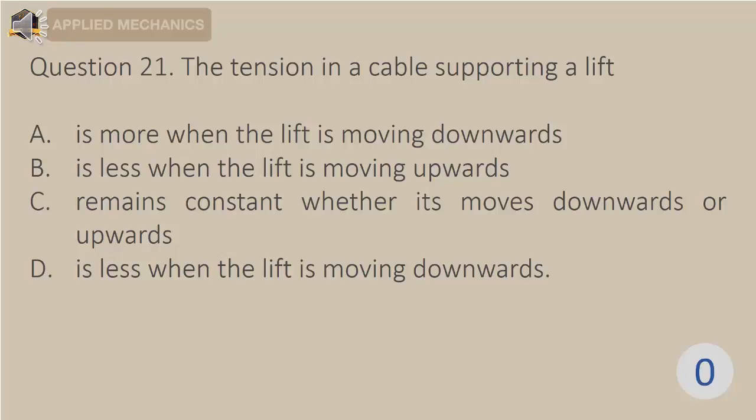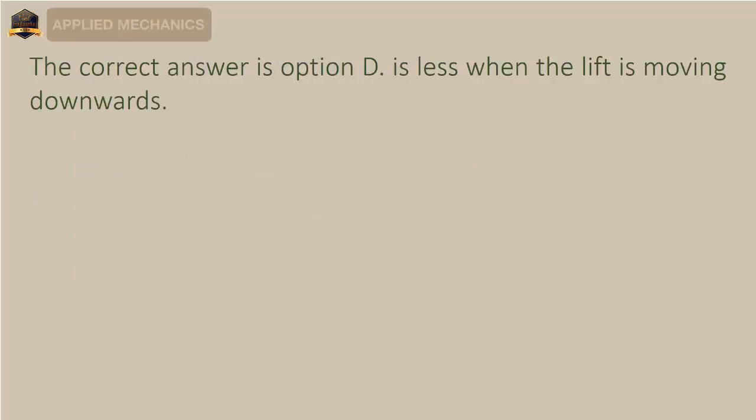B. is less when the lift is moving upwards. C. remains constant whether it moves downwards or upwards. D. is less when the lift is moving downwards. The correct answer is option D, is less when the lift is moving downwards.